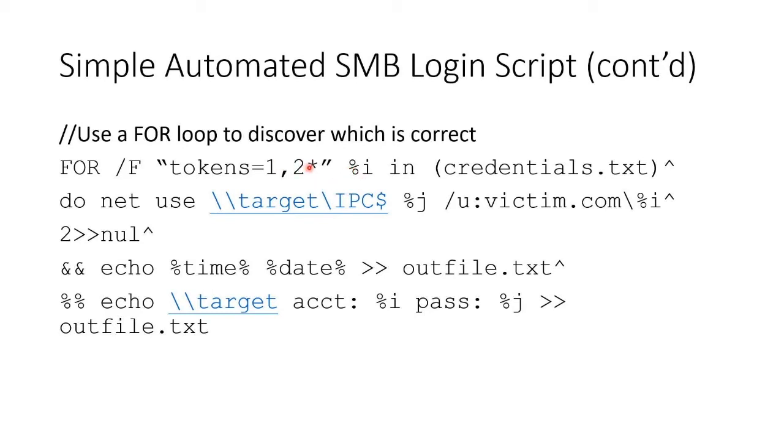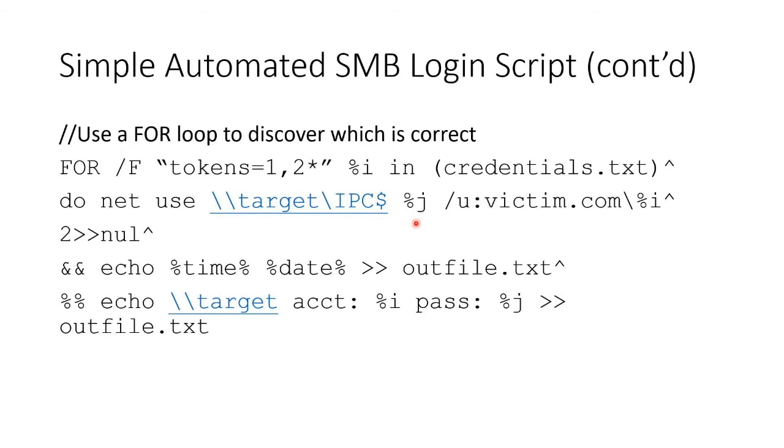So this %i is possible usernames, and %j is possible passwords. These are just variables, placeholders. So for possible usernames, %i, possible passwords, %j.